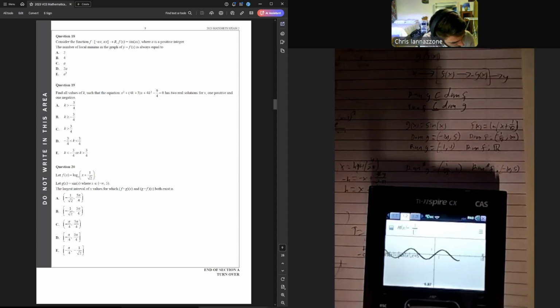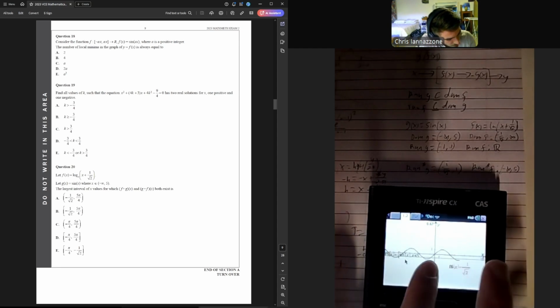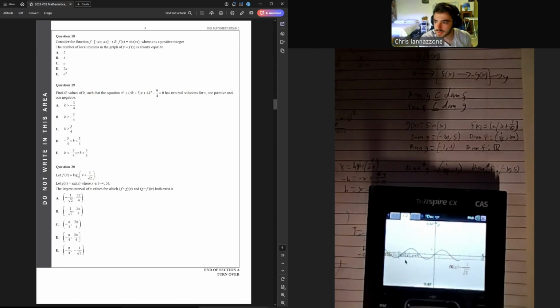Where's the root? There it is, root 2. If you imagine what that would be, you can just find the x values at those spots, either through the graphing tools, or you can literally ask where does sine equal negative 1 on root 2, for which there are exact values.